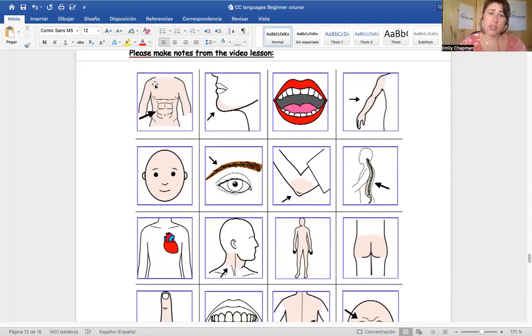Something I've done with students in the past is put the Spanish word underneath with a pen, cut them into little pieces, and do a little bingo game, or put them in a little bag and pull them out and see which ones you remember, or even write the name on the back, pull one out, look, see if I remember it. If not, turn it over. There's lots of ways to get your memory going, to practice them, and you can always watch the video more than once.